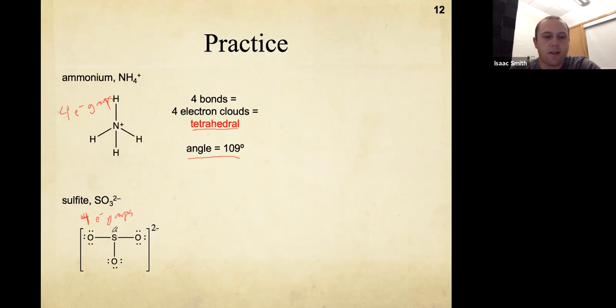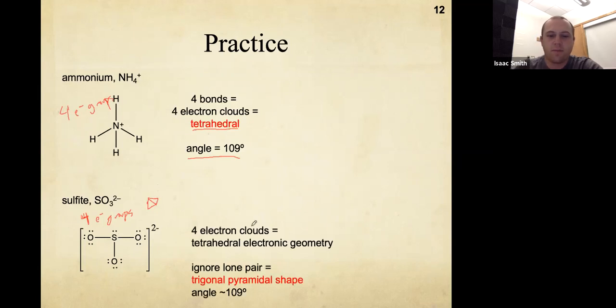But if we took away the lone pair here, we actually have a trigonal pyramidal shape. So the electron group geometry is tetrahedral with a trigonal pyramidal shape because there's 1 lone pair.